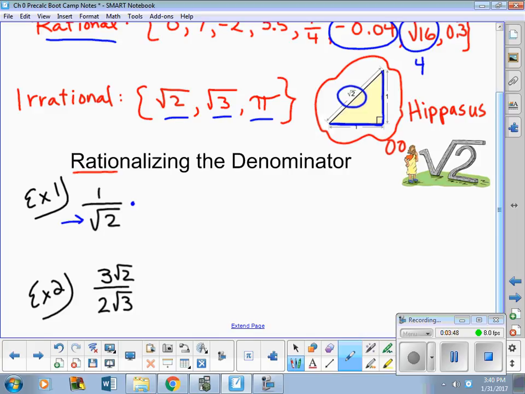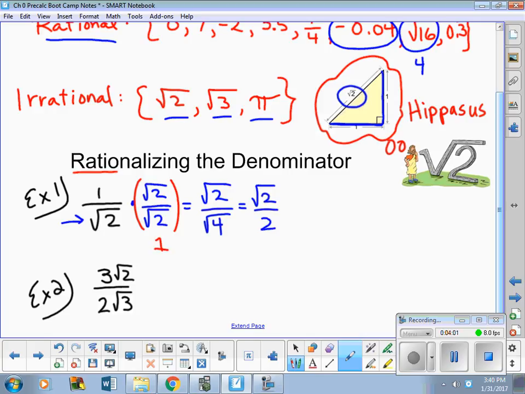The way to do it is to multiply it by root 2 over root 2. What that does is you're multiplying by a value of 1. You're not really changing the value of 1 over root 2, but you're changing the way it's expressed. Now that we multiply straight across, we end up with root 2 over root 4, which is equal to our final answer, root 2 over 2.